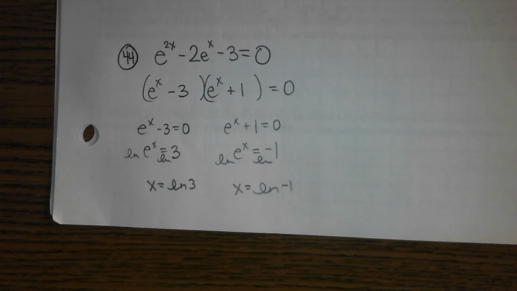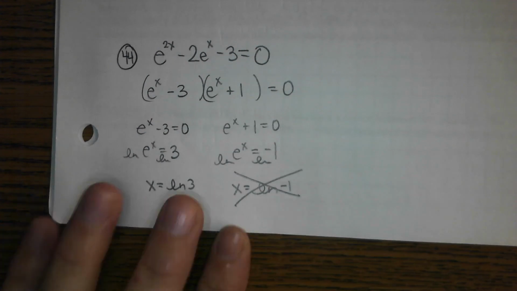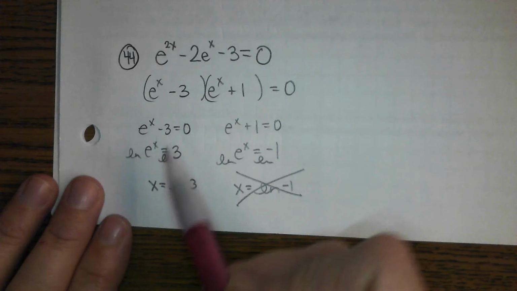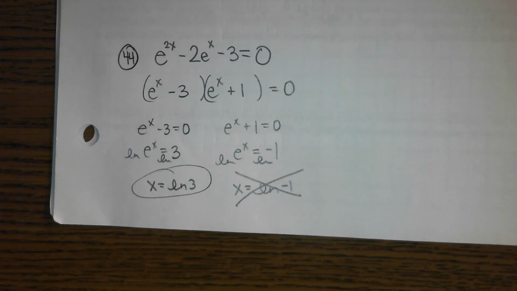But you're only allowed to take logs of what kinds of numbers? Positive. So you have to know on your own to reject that one because you're taking the log of a negative number. Does that make sense? So you'll only have one answer. Okay?